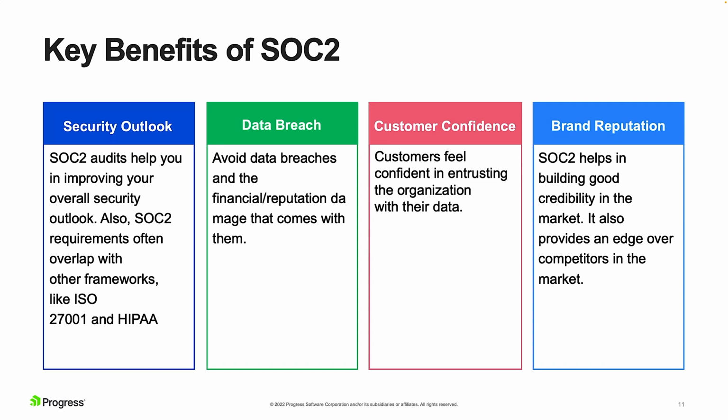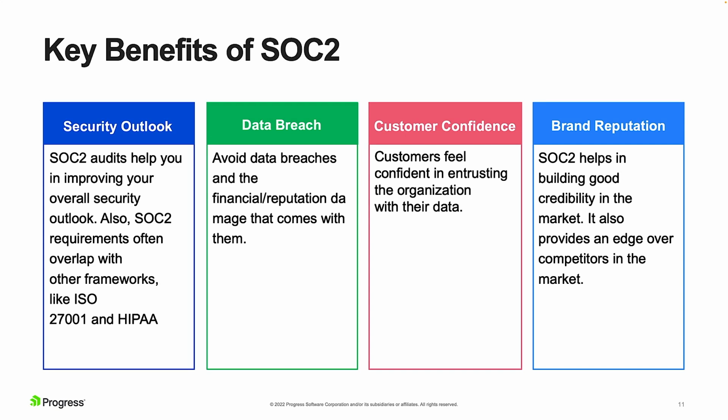Following that, now that you understand that it is essential, let's look at some of the benefits of SOC 2, right? The reason why SOC 2 compliance is essential is mainly because of the multiple benefits it offers. At the outset, it improves the overall security outlook of your organization. Now, this is even more important when you understand that compliance and security are complementary. Compliance is kind of like the foundation for security. For example, if you're SOC 2 compliant, then you are securing your infrastructure.